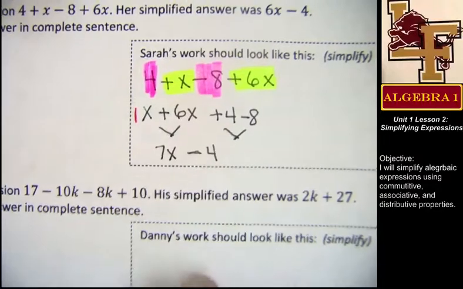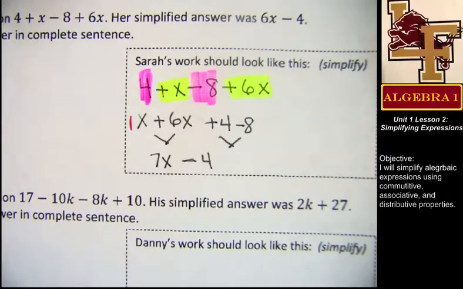All right. Is our answer different from Sarah's? Yes. All right. So what did she do? She didn't count the invisible 1, the coefficient of x. That was her error.